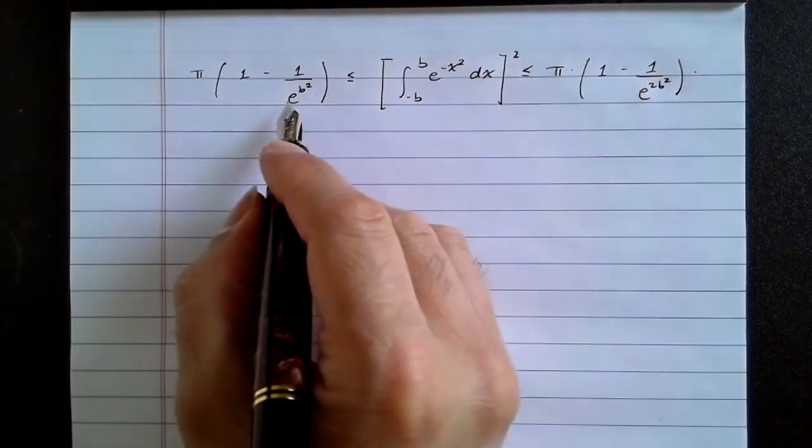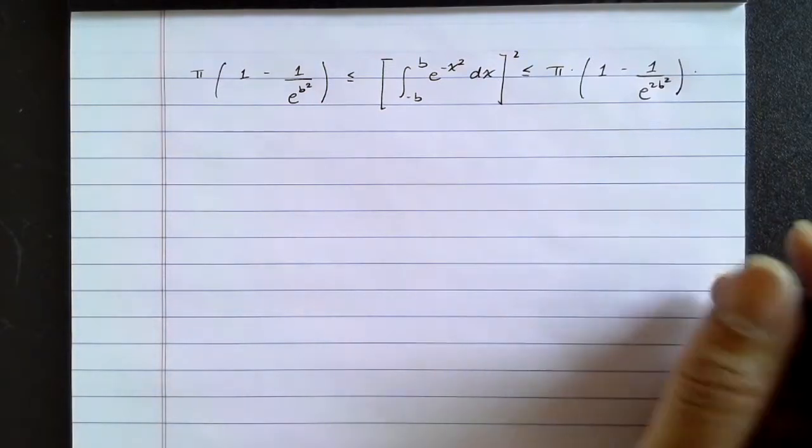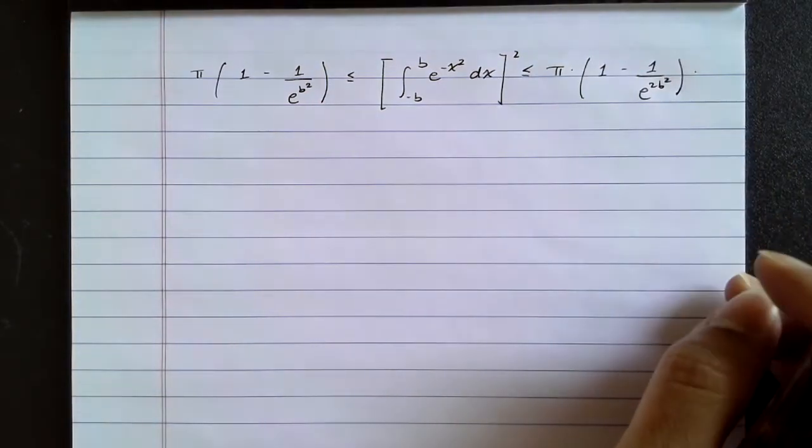And as I take b to infinity, what I see here is that the left-hand and right-hand sides are both going to pi.